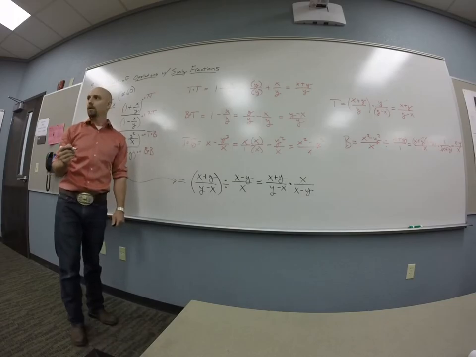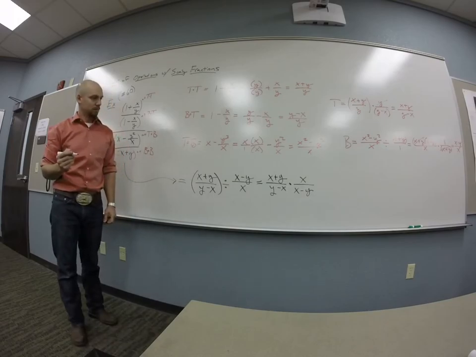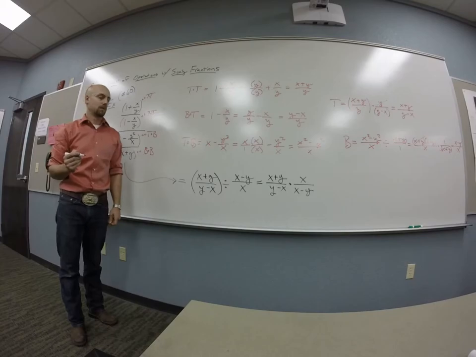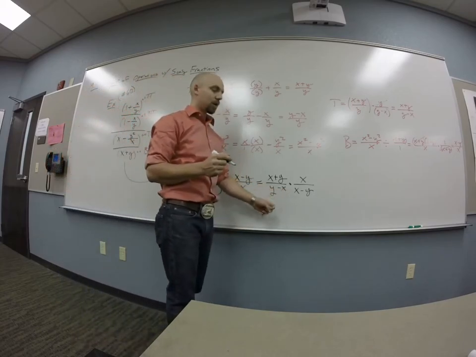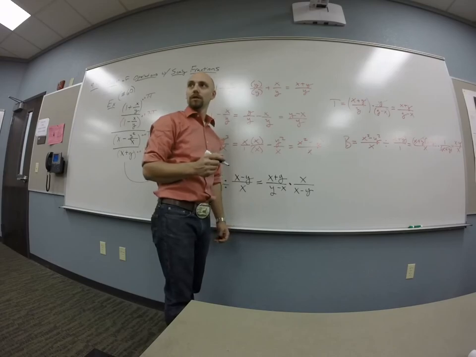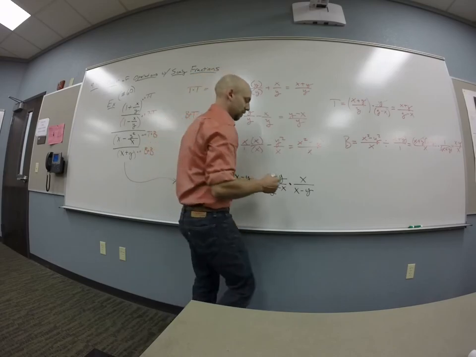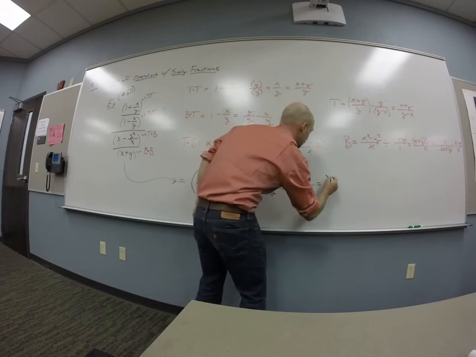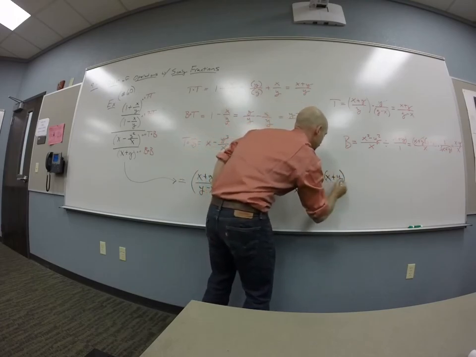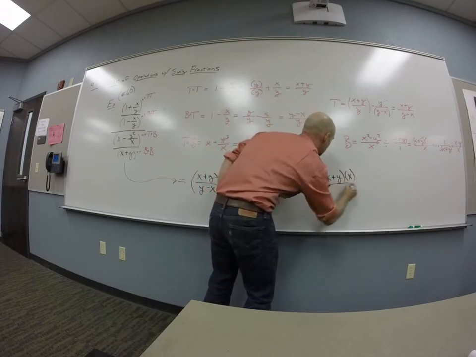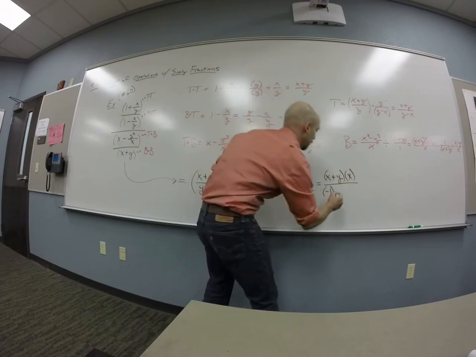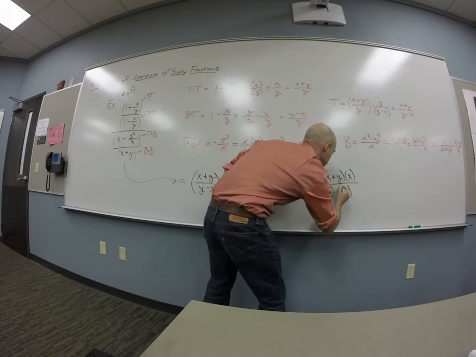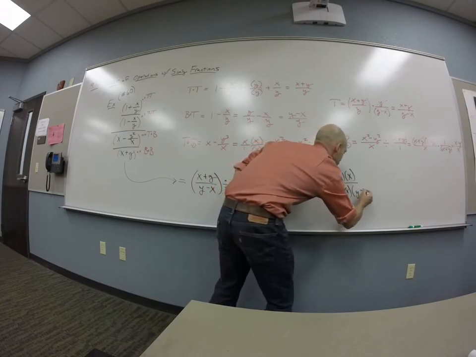I could factor a negative 1 out of the bottom. So this is x plus y times x divided by negative 1, and then there's a y minus x and a y minus x.